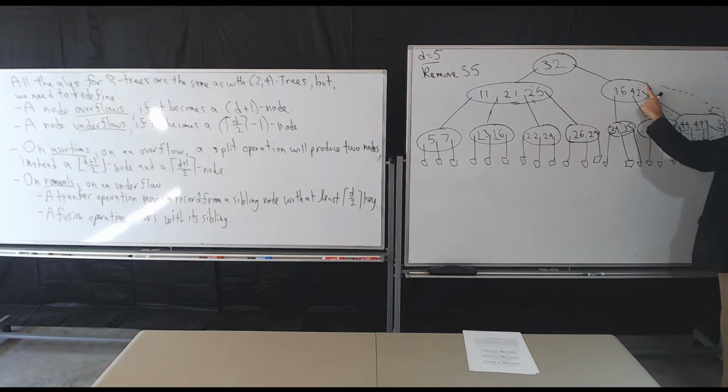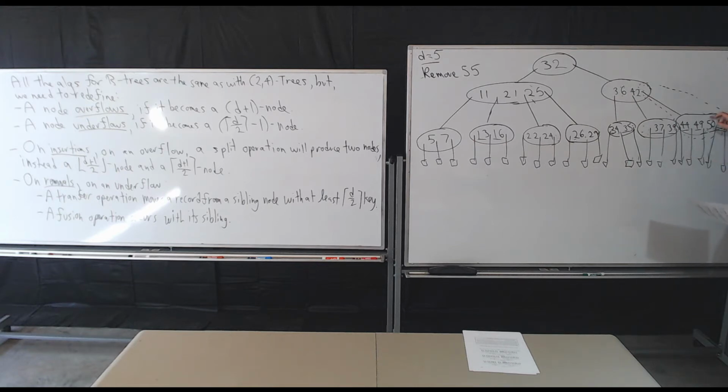Then I'm going down 50. 50 is going to go right here. So, am I done? So now I have 5 children here.